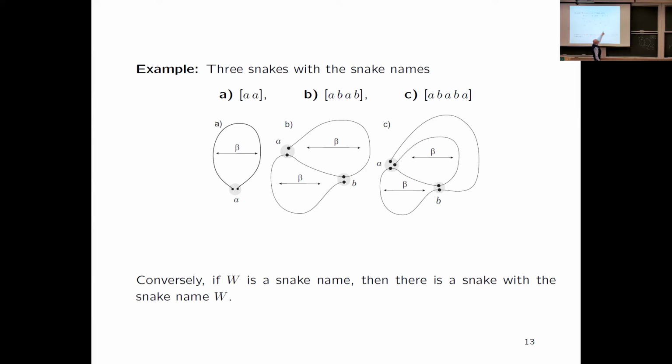There are only two nodes, but one of them is triple, and that's why there are only two letters, A and B. But the number of nodal zones in the snake, because one of them is triple, is 2 plus 3. There are 5 places where the snake hits itself, and that's why the length of the word is 5.